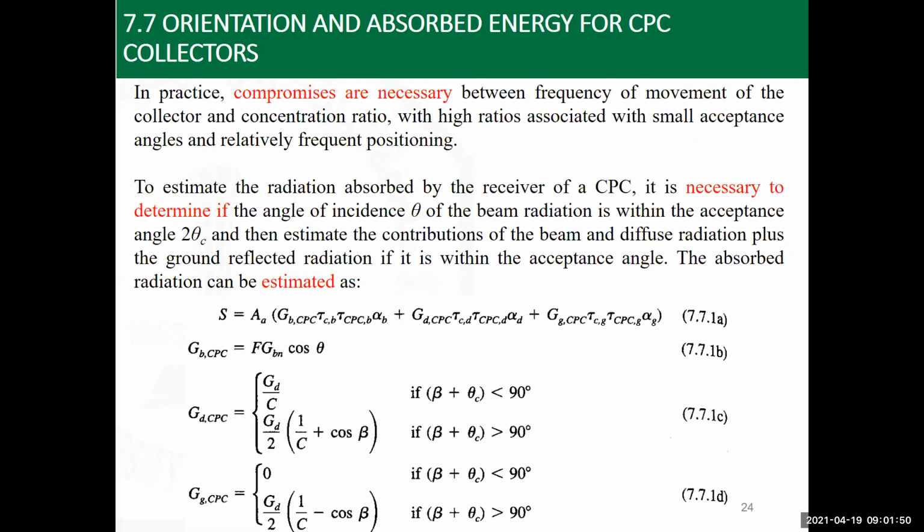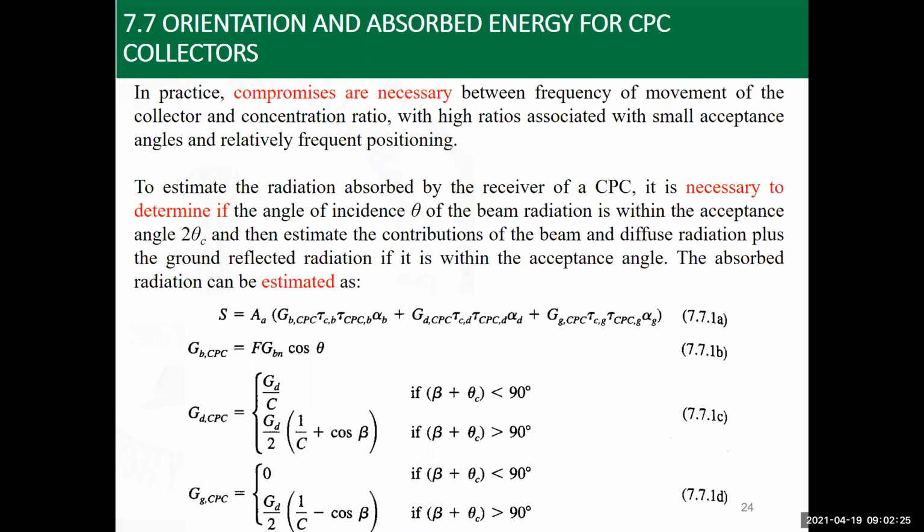I have to mention that when you look at equation 7.7.1b, which is GB of the CPC, it is equal to F, capital F, times G, beam component, normal, multiplied by cosine theta. What's the F here? We call it a control factor, because the value of F depends on whether the beam is within the range, then you expect beam radiation to be falling and absorbed, resulting in concentrated energy.